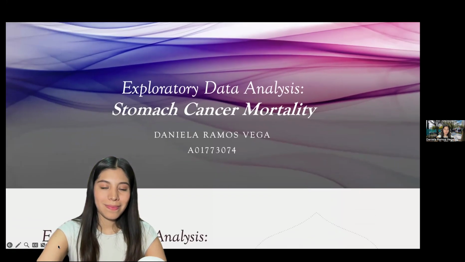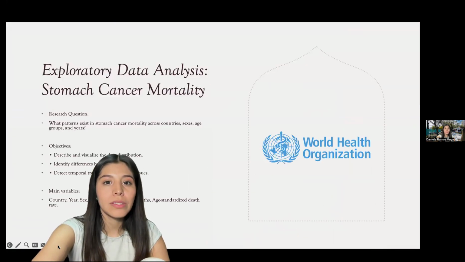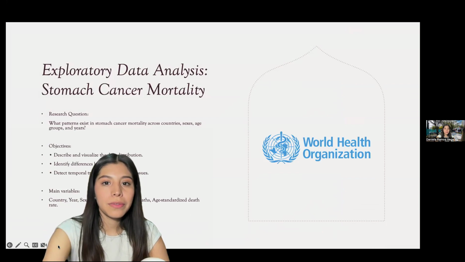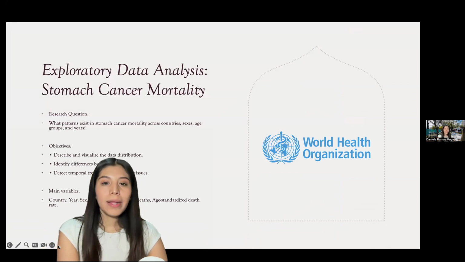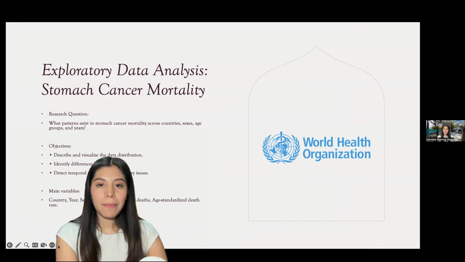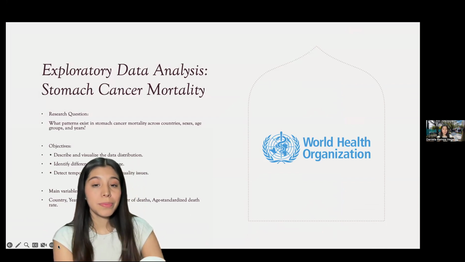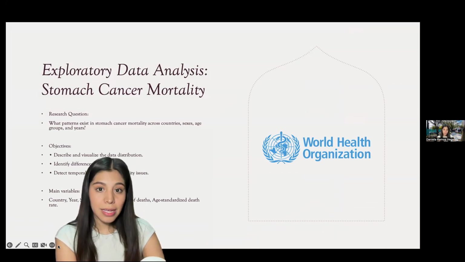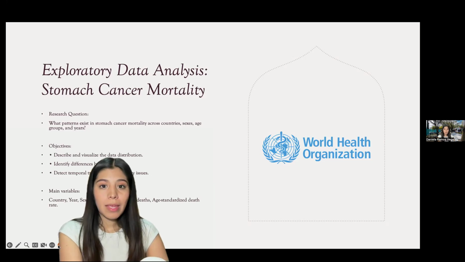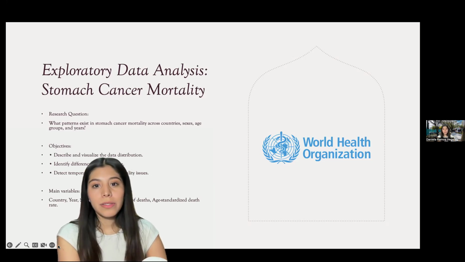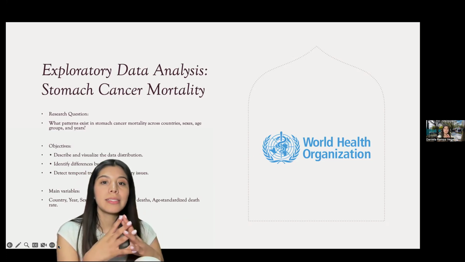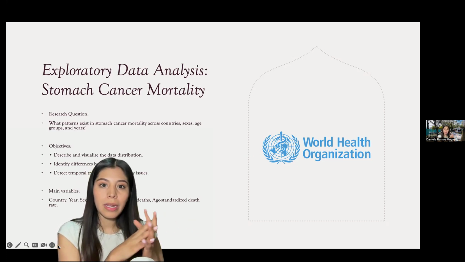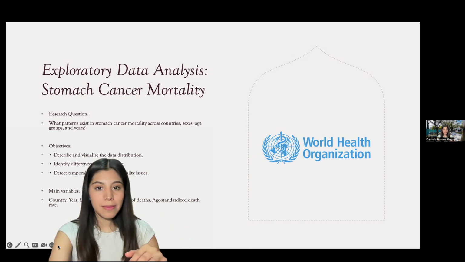So, the main research question guiding this project is: what global patterns can be observed in stomach cancer mortality across countries, years, and sexes? The dataset includes several key variables such as country, year, sex, age group, and number of deaths.